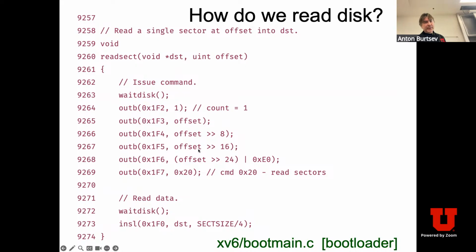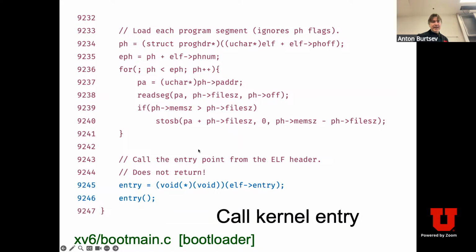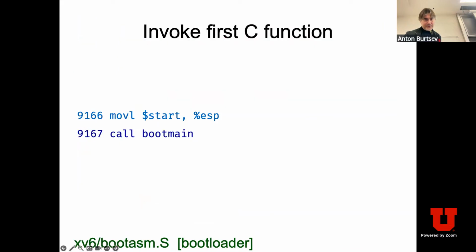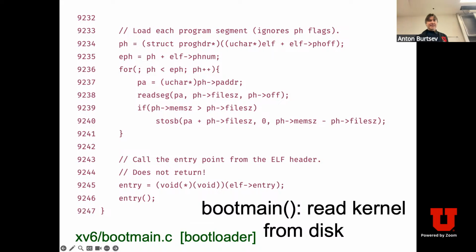Okay, cool. So we read the sectors, we wait for the request to complete, but at the end, what we're doing here, and again, the reason this homework is assigned is for you to implement this loop, right? So essentially what happens here is exactly what's in the homework. We have a program header.